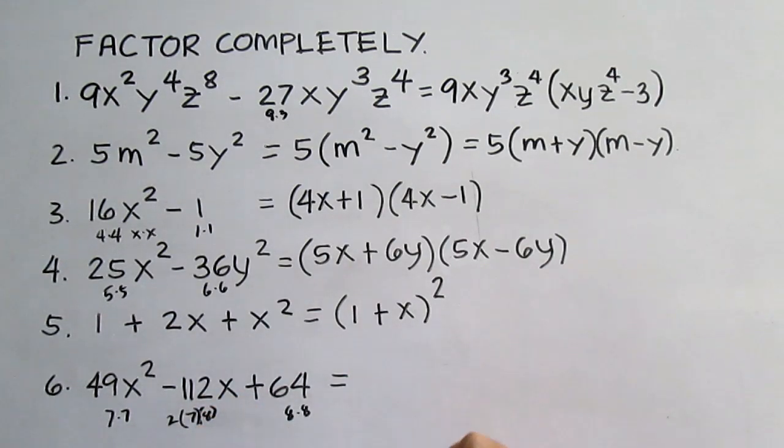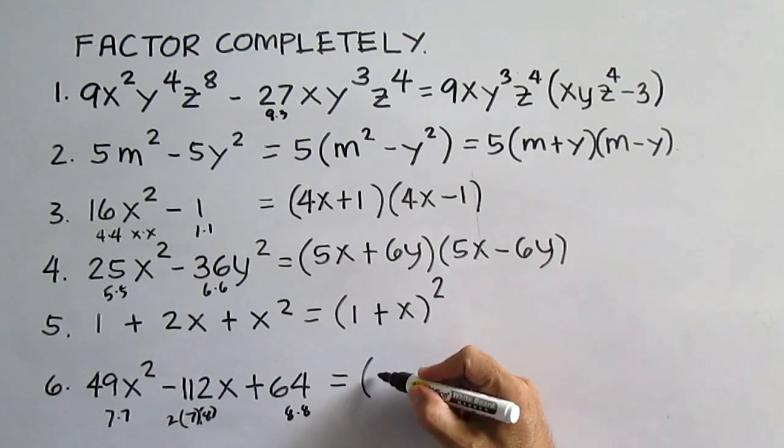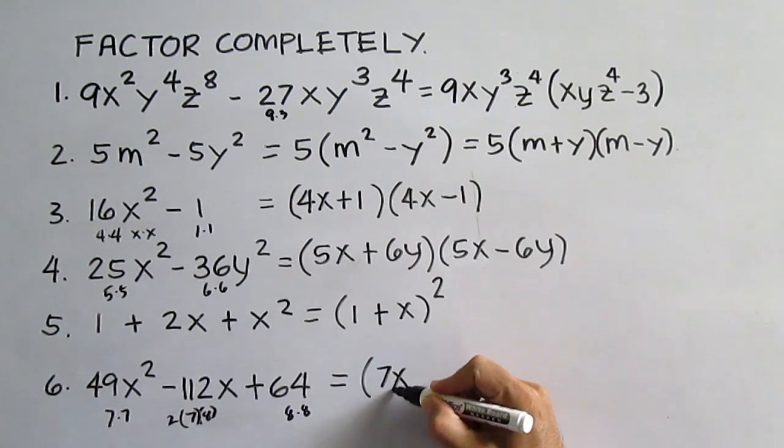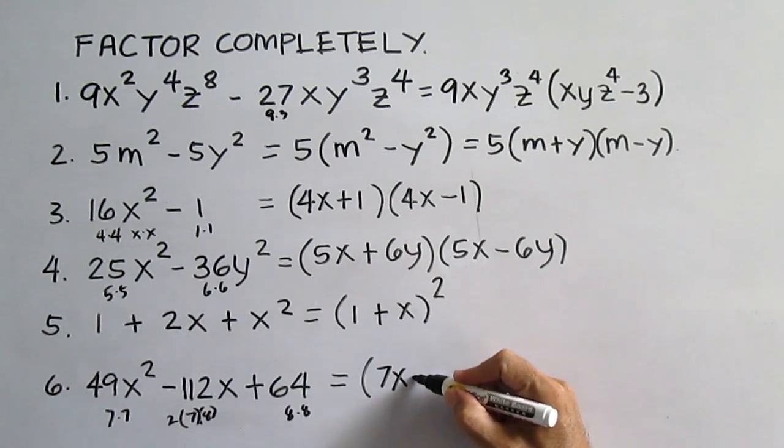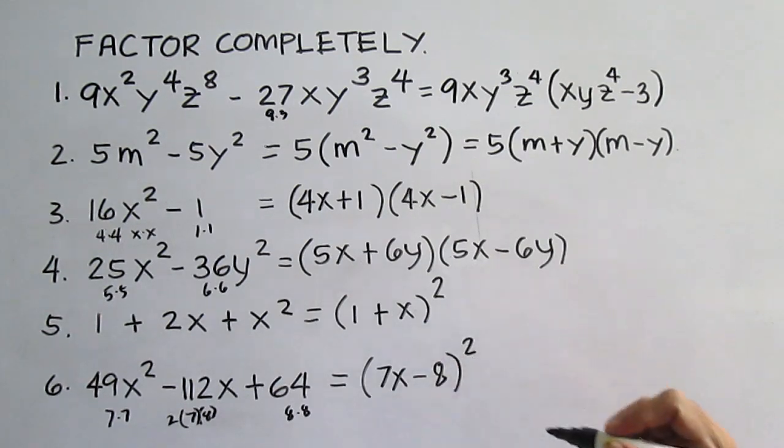The factor is just the square root of 49x squared, which is 7x, minus the square root of 64, which is 8. The square of 7x minus 8.